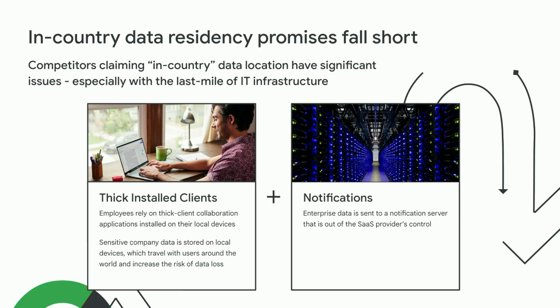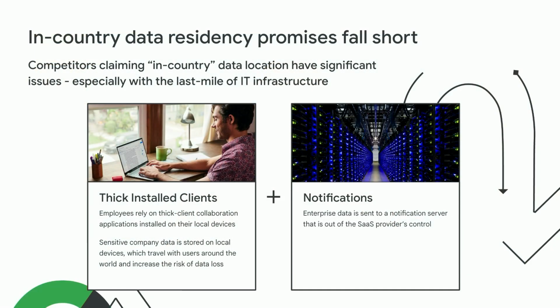Mobile device notifications present another scenario where data location gets compromised. Look at the mobile device you use today. Isn't it made by a company that is different from your SaaS provider? It is pretty likely that it is. It's not just you. In fact, most users today use mobile devices that are not made by the same company as their SaaS provider.